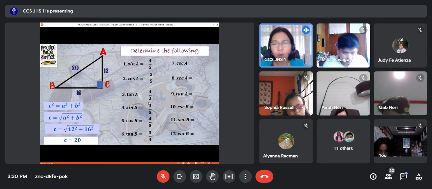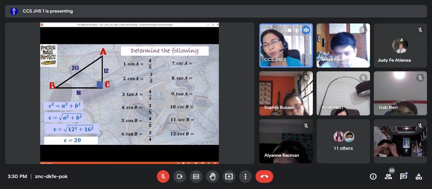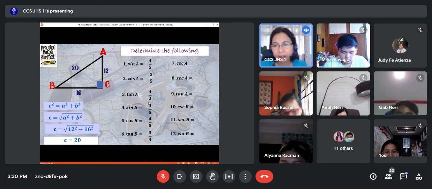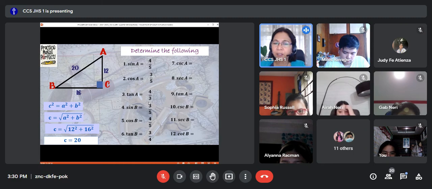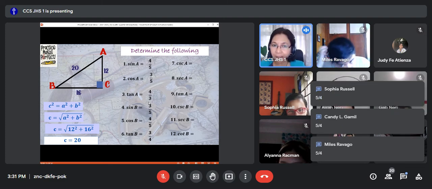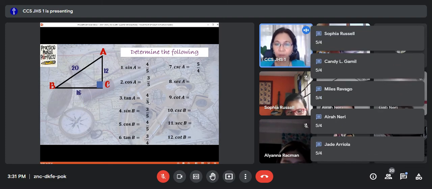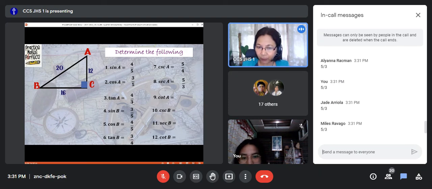Okay, example. The same problem. So if we know that cosecant is the reciprocal of sine, how much is cosecant A? It's hypotenuse over the opposite side. It is 5 over 4. That's correct. Secant A, the reciprocal of cosine, 5/3. Very good.